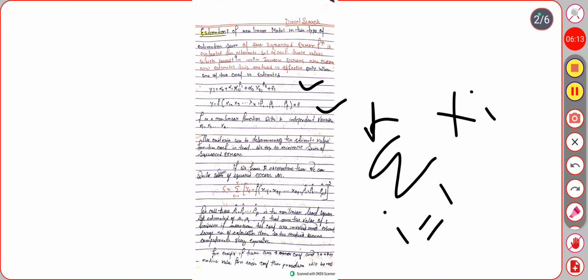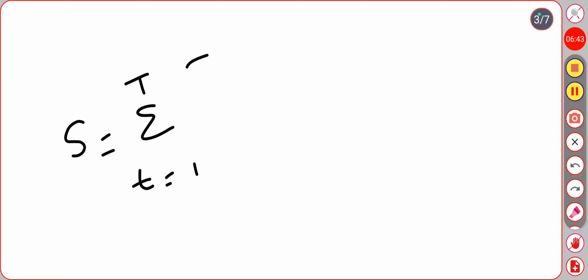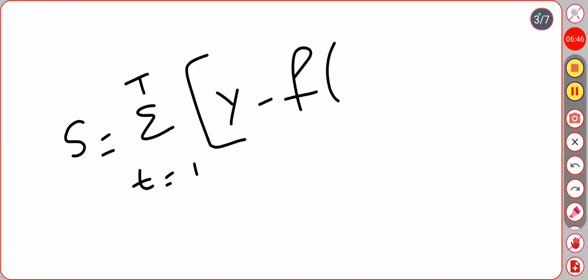If we have rho observations, here consider k number of x variables and rho number of parameters, then we can write the sum of the square error in this way, that is S is the sum of the square error in the nonlinear model.